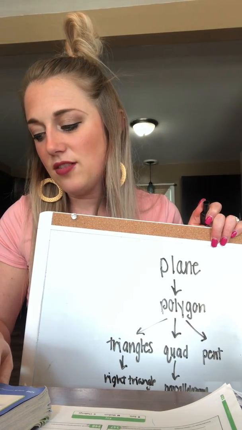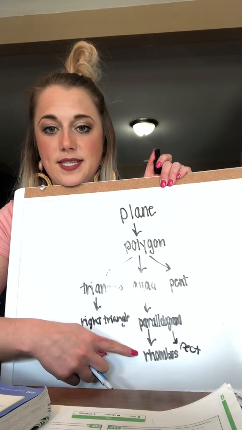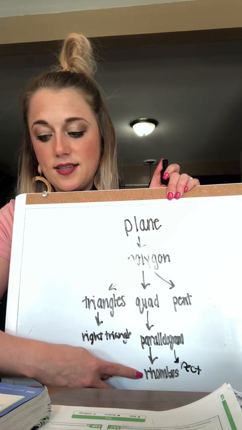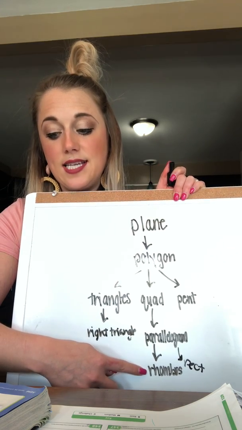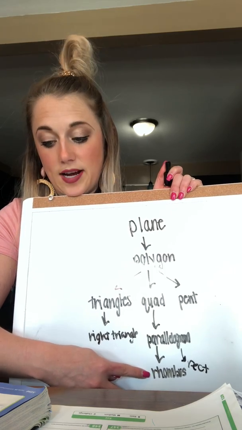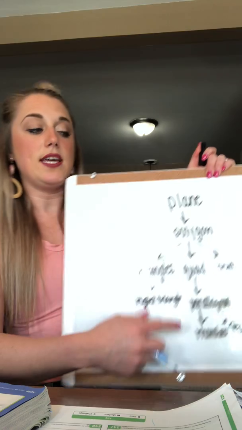Good. And then our last one here, all rhombuses down here, have 4 sides of equal length. And if a square is a rhombus, so all squares then have 4 sides and 4 equal lengths.